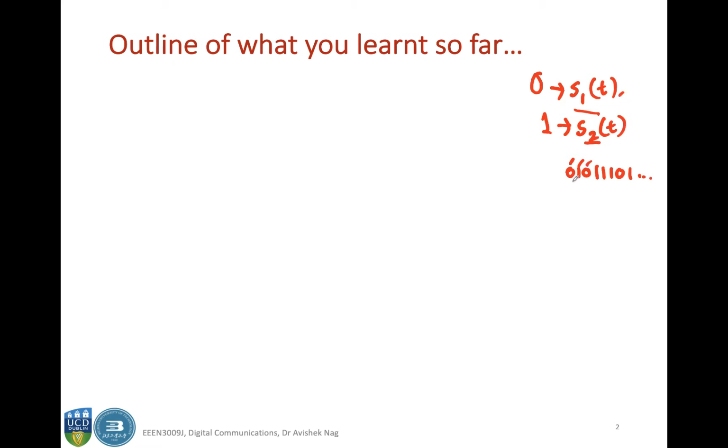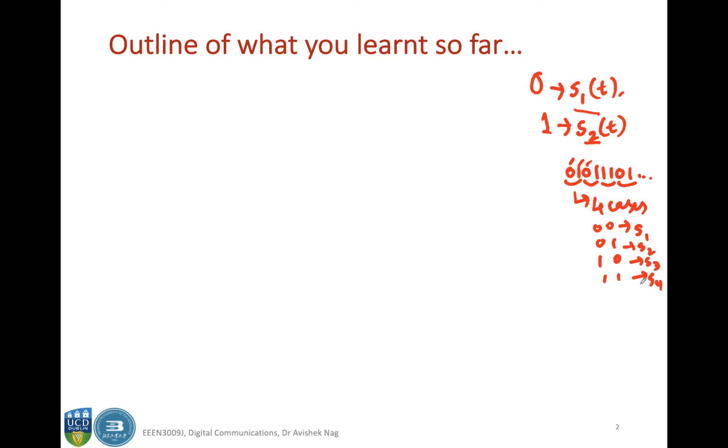Now let's say you want to club two bits at a time and send them as a symbol. A combination of two bits will have four possible cases, right? You can have 0 0, 0 1, 1 0, and 1 1. For each possible combination you send a signal S1, S2, S3, and S4.